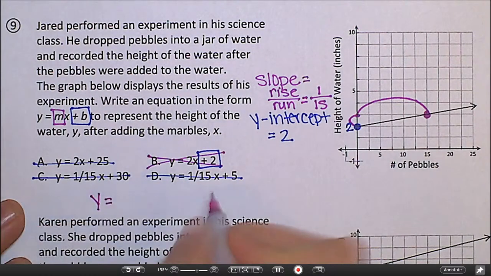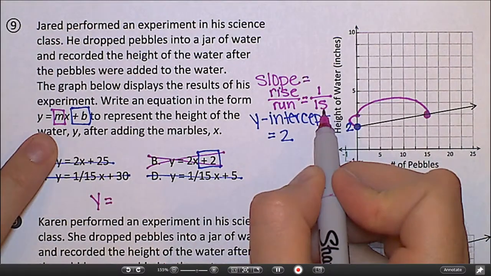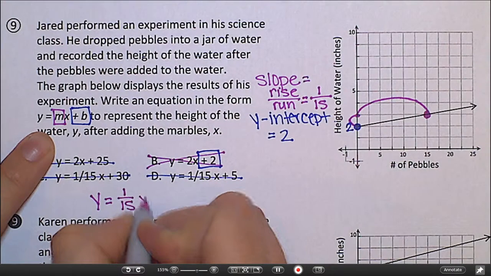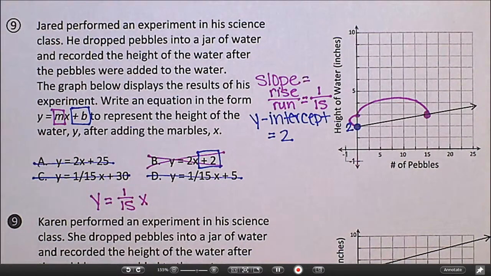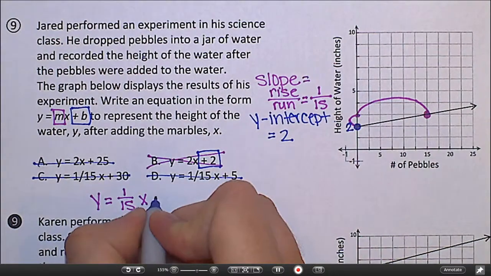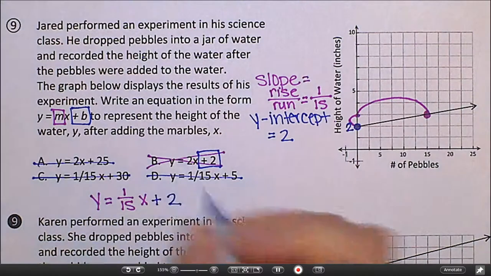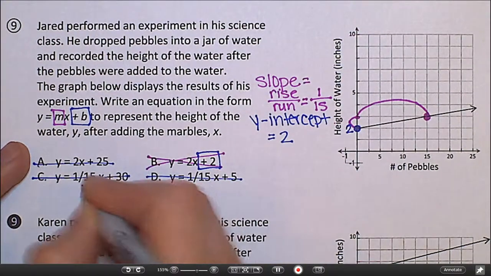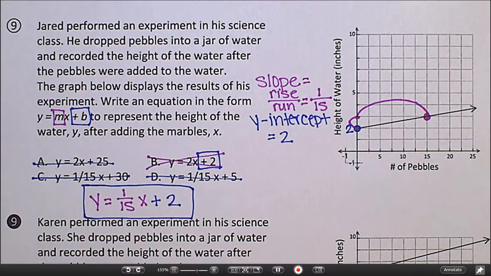Y equals, it needs to be 1/15 x, that's my slope. And my y-intercept has to be positive 2, so plus 2. And this is the answer.